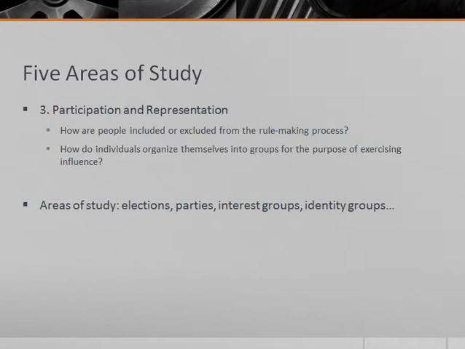So in the United States, we have a lot of NGOs, we have lobbyists, we have voting, we have political parties. These are all ways of including people in the electoral process, of exercising influence over the decision-making process. And so in areas of participation and representation, we study elections, we study political parties, we study interest groups, we study identity groups.